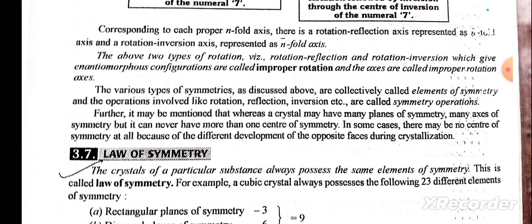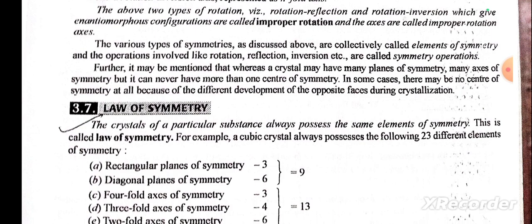The various types of symmetry discussed above are collectively called the elements of symmetry, and the operations involved, like rotation, reflection and inversion, are called symmetry operations. Further, it may be mentioned that whereas a crystal may have many planes of symmetry and many axes of symmetry, it can never have more than one center of symmetry.